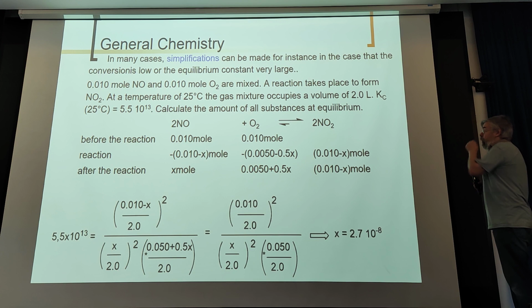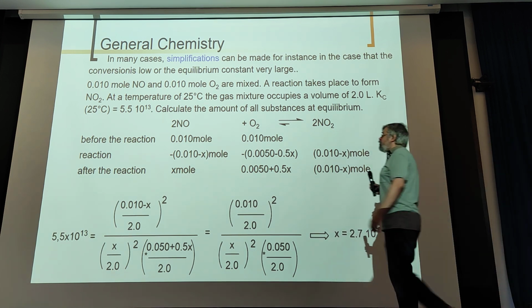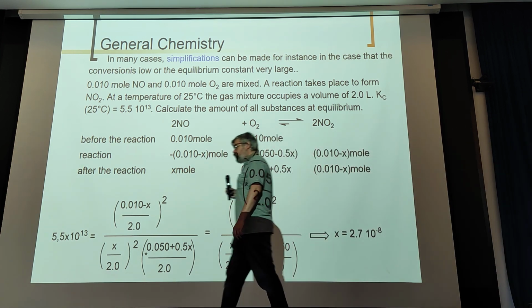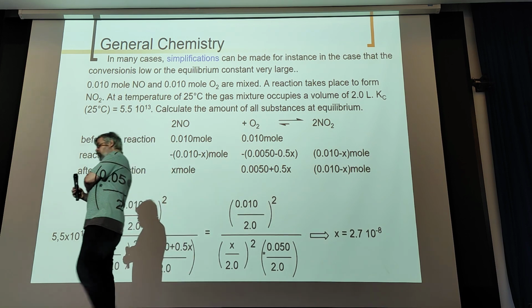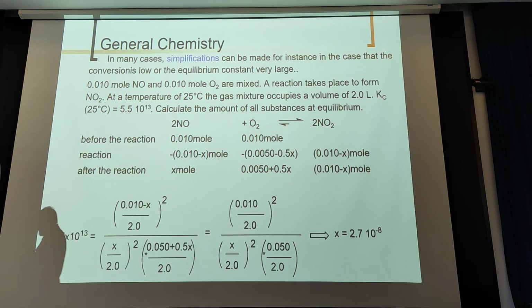So here we have a reaction. It's in fact an oxidation of NO with oxygen to NO2. And we know that it actually has a high conversion. We have 10 millimoles of each.